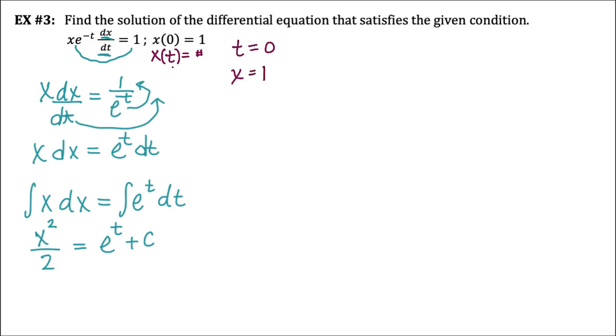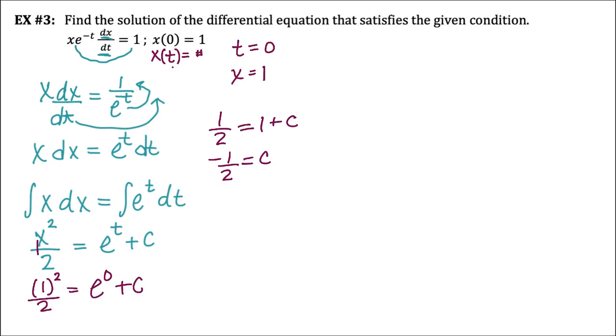So whenever you're plugging in, you're going to have 1, and then you've got that 2 there. So we're going to have 1 squared over 2 equals e to the 0 plus c. So that's going to be a half equals 1 plus c. So it looks like if we subtract that 1 over, c is negative 1/2. So we have our c value.